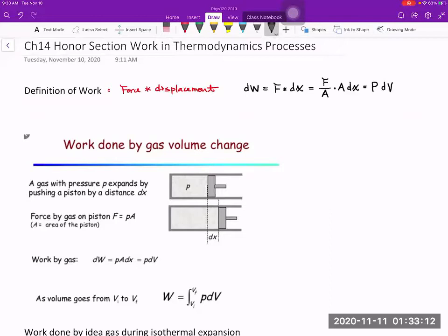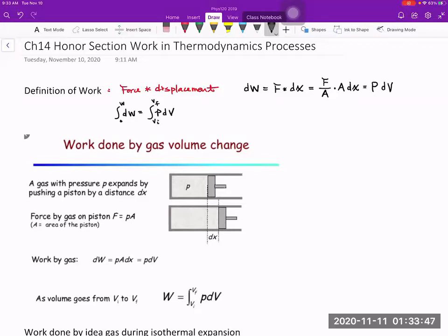If we really want to find out how much work is done by the gas, then we need to take the integration. So we take the integration on both sides, and you're looking at how much work you did, from V_i to V_f.